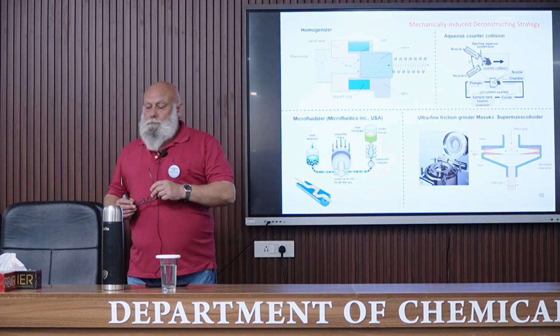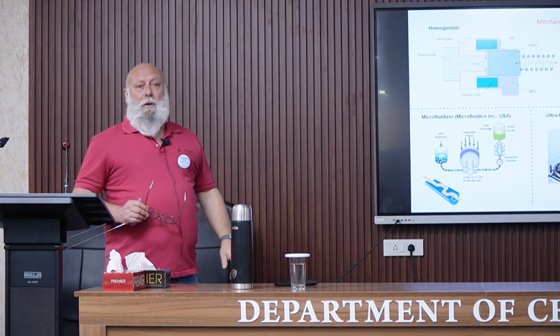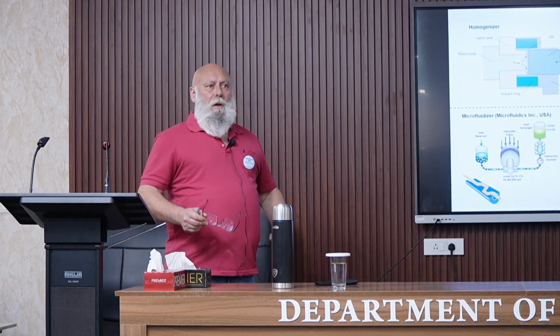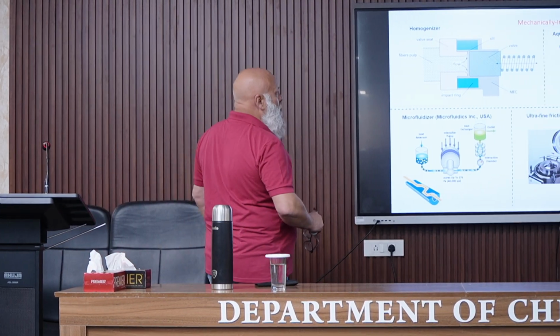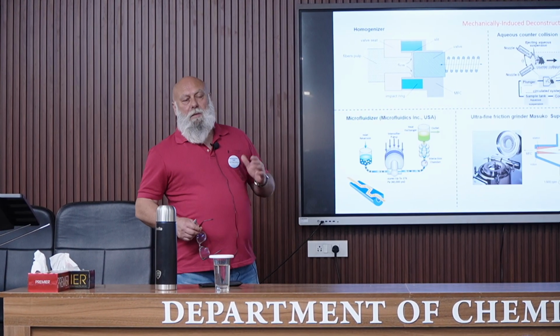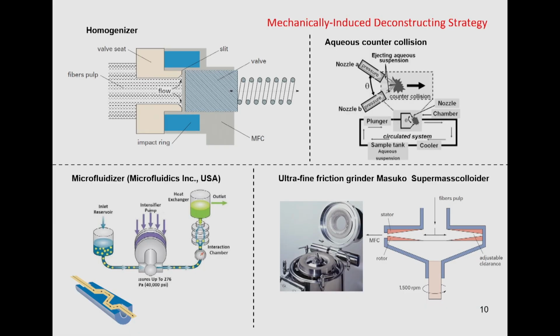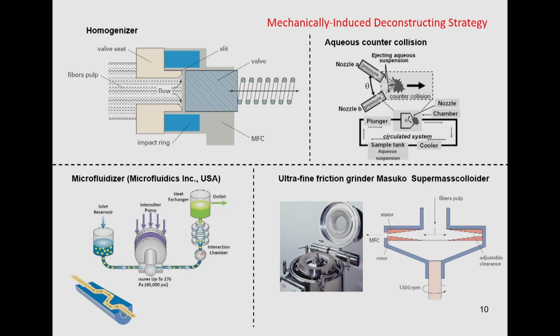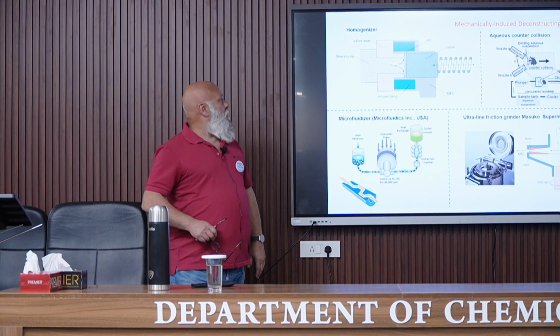So from these polysaccharides, you can extract nanoparticles following two strategies, a mechanical strategy or a chemical strategy. For the mechanical strategy, remember that the objective is to submit the material to a strong shearing action in order to release individual components, like, for example, cellulose fibrils.